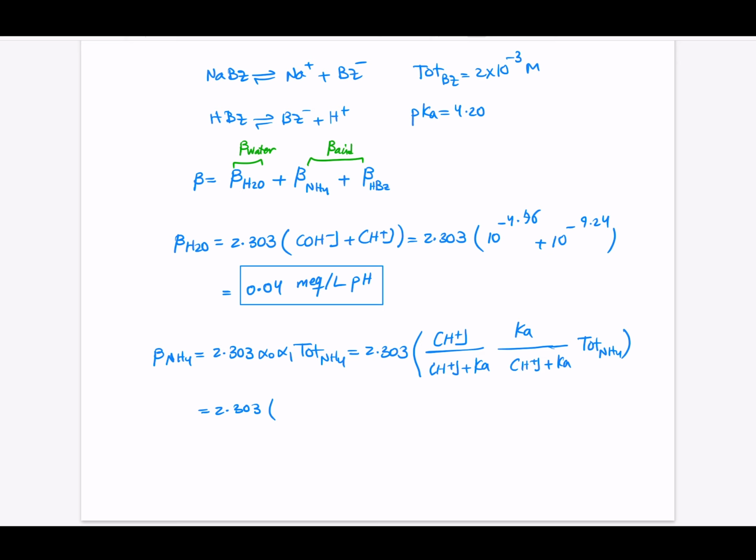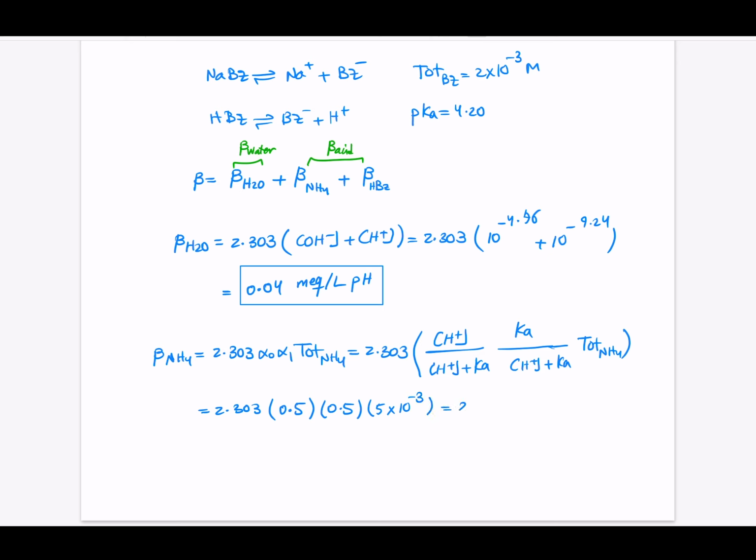Whatever you prefer. If you insert the numbers, it would be 0.5 for alpha 0, 0.5 for alpha 1, and 5 times 10 to the minus 3 for the concentration.